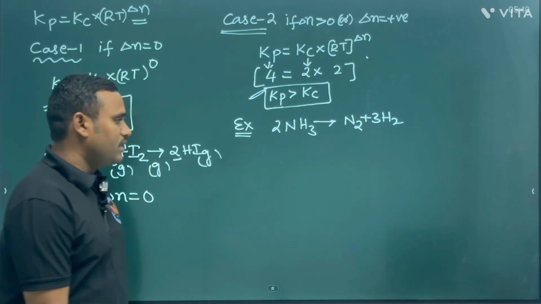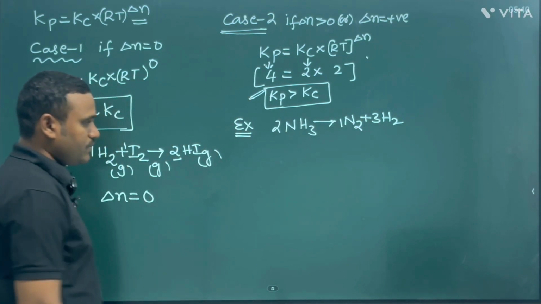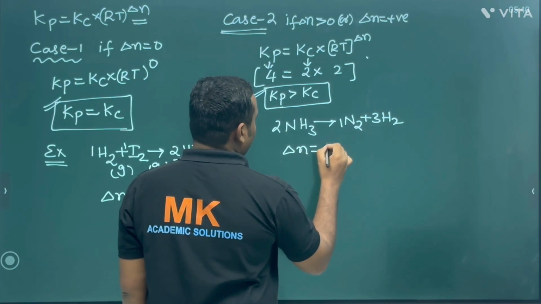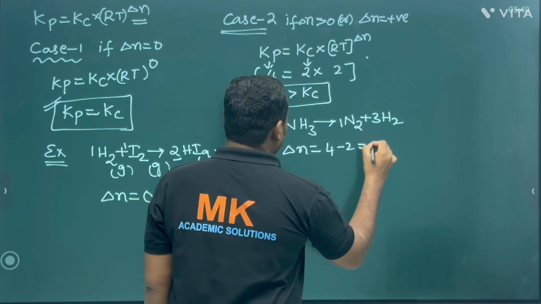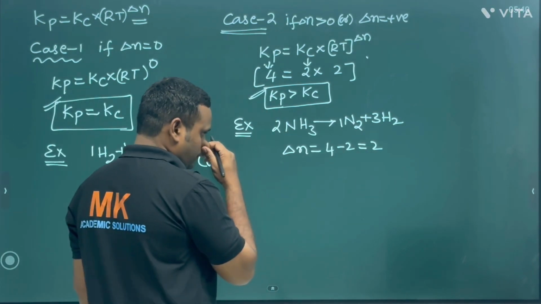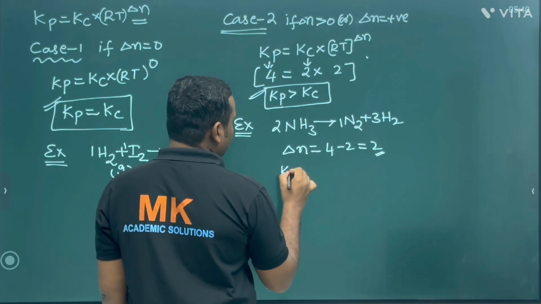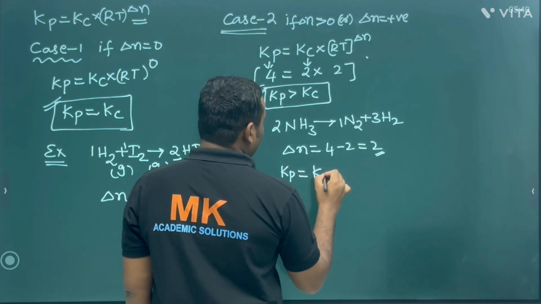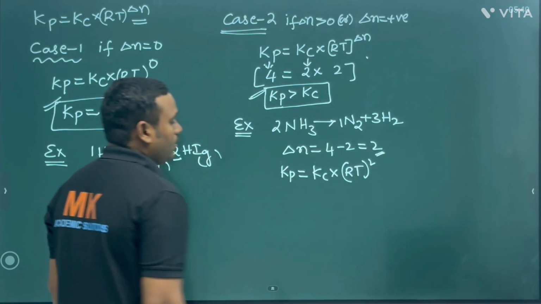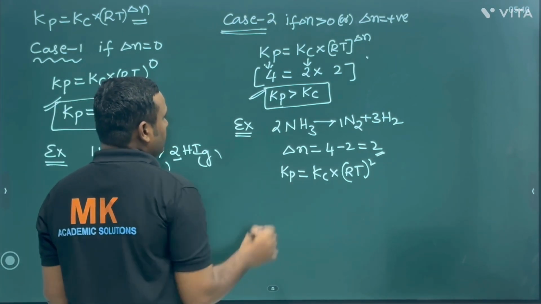Here what is the delta n value? Here you will get 3 plus 1, 4, 4 minus 2, that is 2. So delta n is equal to 4 minus 2, that is equal to 2. Therefore here Kp is equal to Kc into (RT) whole square. So this is the relation between Kp and Kc if delta n is positive.